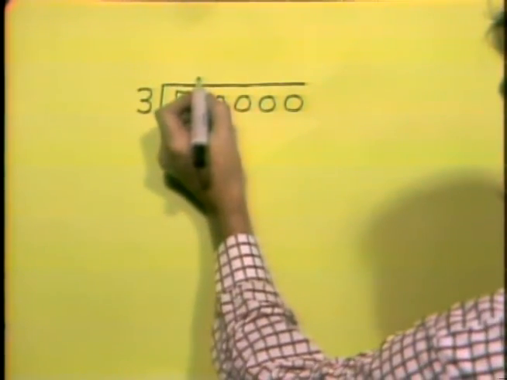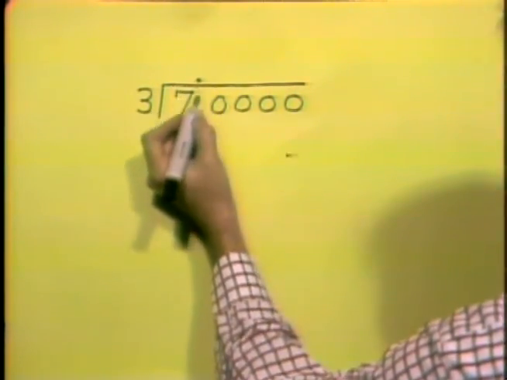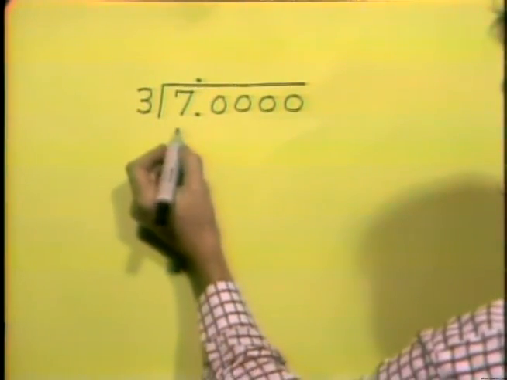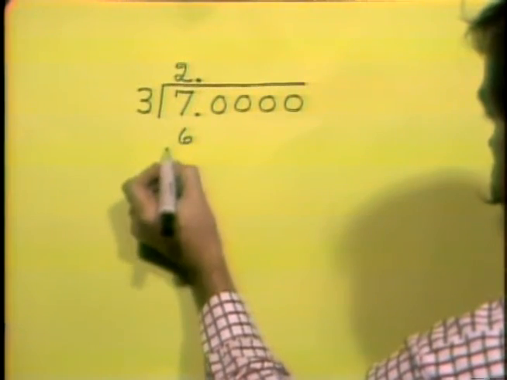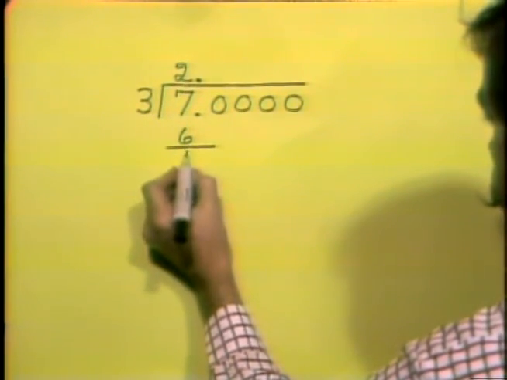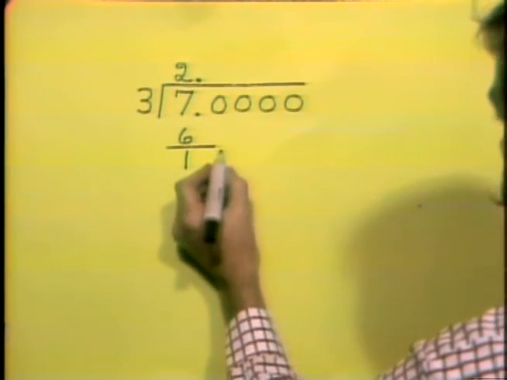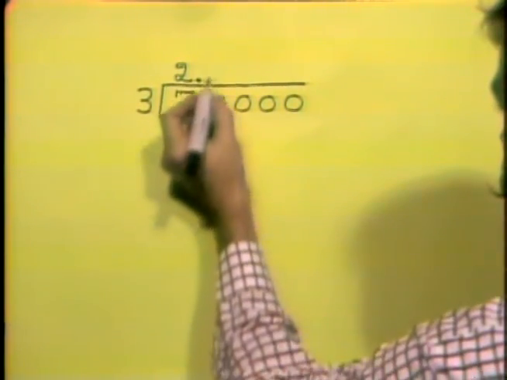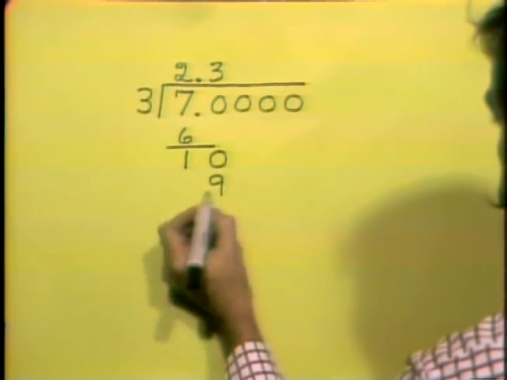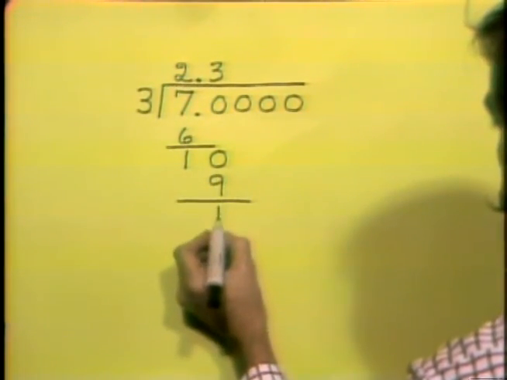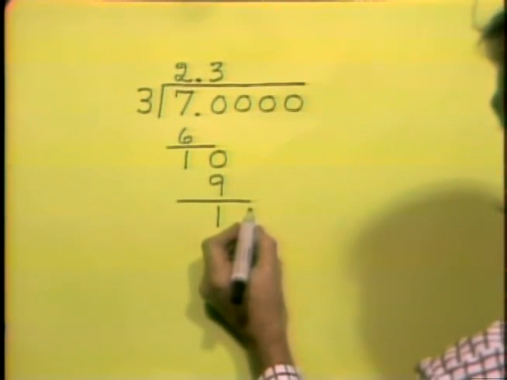Place the decimal point and start dividing. 3 goes into 7 twice. 2 times 3 is 6. Subtract. Remainder of 1. And now we bring down the first 0. 3 into 10 goes 3 times. 3 times 3 is 9. Subtract. Remainder of 1. Bring down another 0.